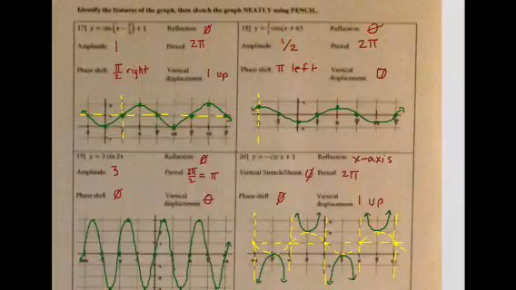Number 18, the A value, the amplitude is 1/2. No reflection. Period is 2 pi because it's 2 pi over 1. And then it goes to the left, pi, and no vertical displacement. So here's the yellow line, the vertical asymptote at negative pi.